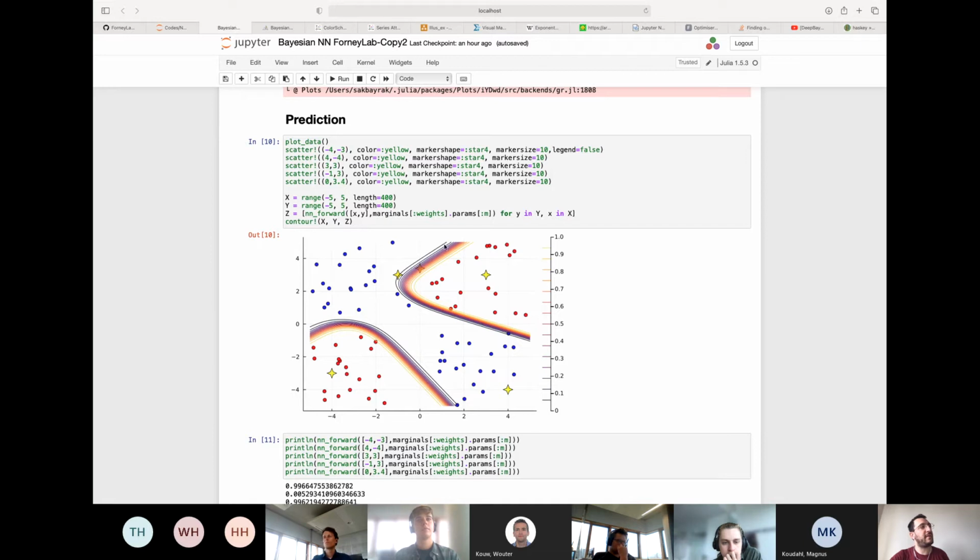These borders are discriminating zeros from ones. Here, these reds and blues, these dots, are our training instances. And I'm going to use these yellow star points to test the prediction power of our system.